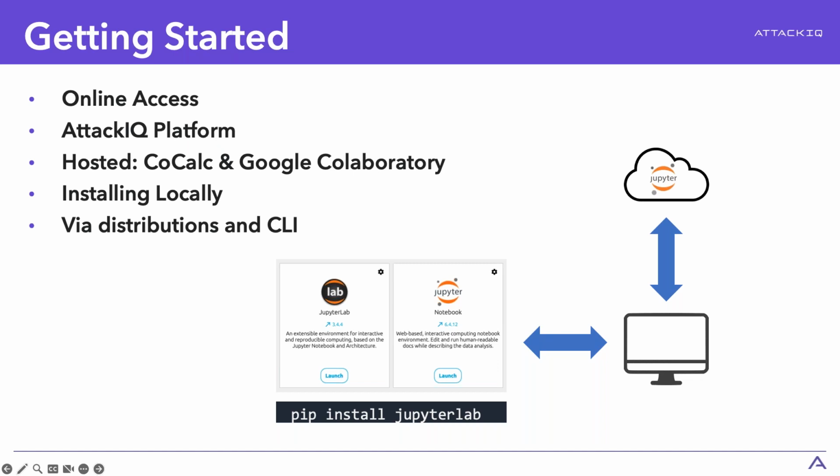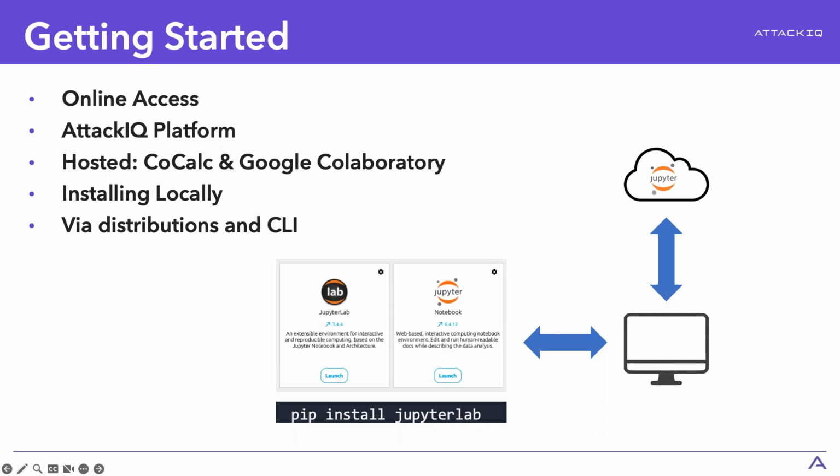For regular offline use though, you may want to consider installing Jupyter Notebook or the JupyterLab environment directly on your system. For this approach, I recommend checking out some of the many popular free distributions that you can download, or if you're good with command lines and terminals, you can use the pip command to install locally.